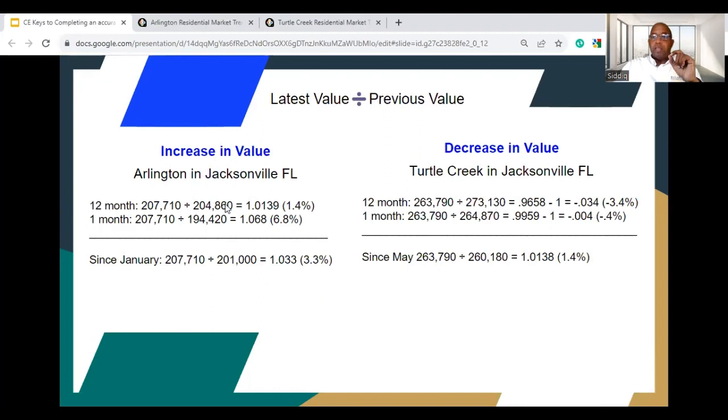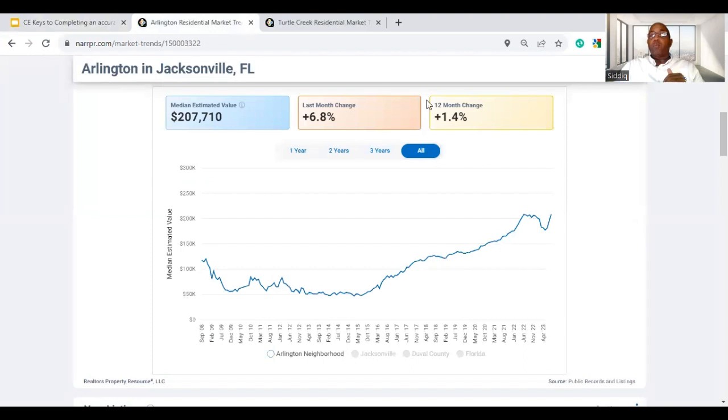Here's my 204,860. So let's calculate it. 207,710 divided by 204,860 equals 1.0139. There's a 1 point something, it's a positive increase, 1.4%, and that matches up with the calculation inside RPR. So that lets us know our formula works.